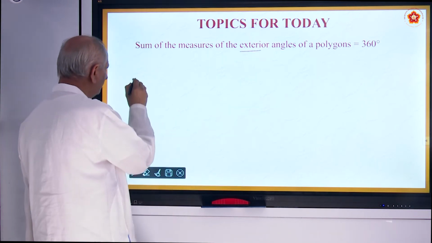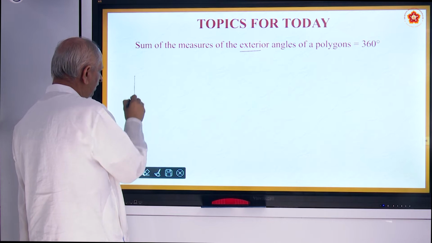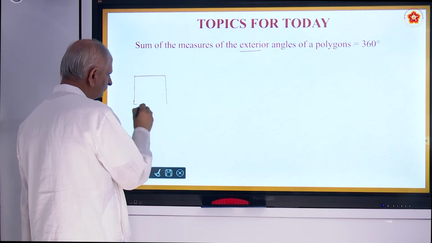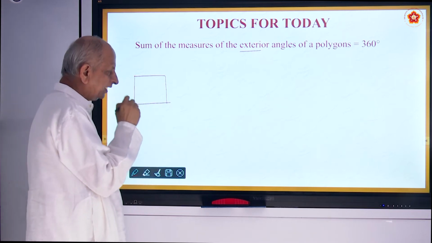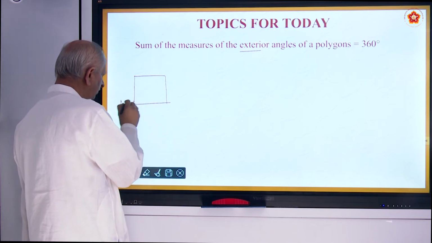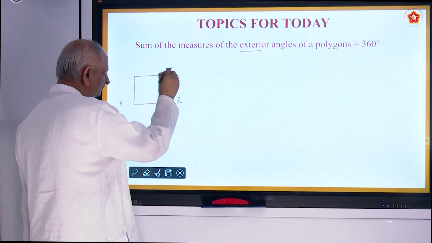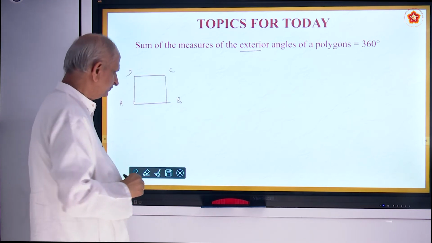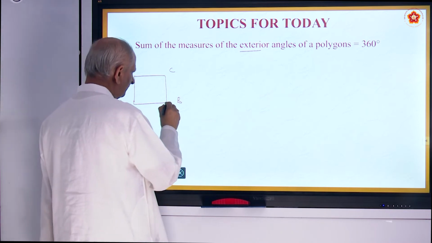You understood what is an exterior angle? Suppose you have a quadrilateral like this. How to get the exterior angle? Suppose you call it ABCD. If you extend one of the sides, that becomes an exterior angle.